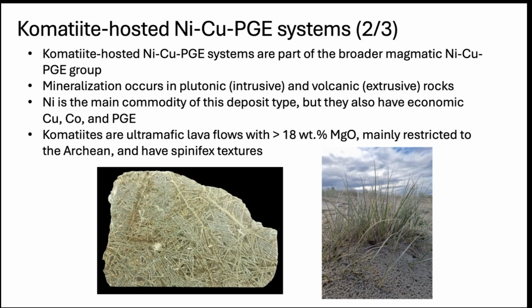That's a polished slab of a rock, and that linear fabric is called spinifex texture, named after the type of grass, which is on the image on the right. That's spinifex grass. And basically what spinifex texture is, is rapid crystallization of olivine shooting along the C-axis, if I have that correct. And so you get these long olivine crystals from rapid crystallization.